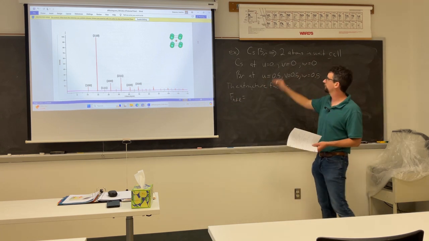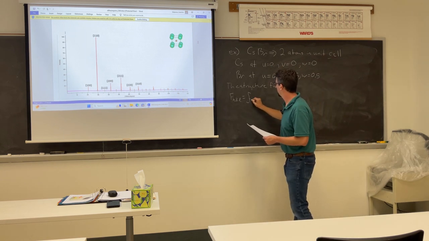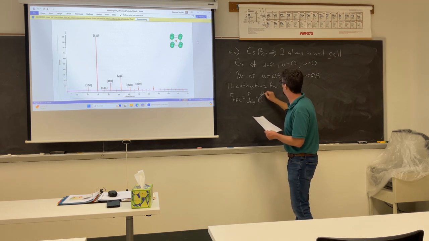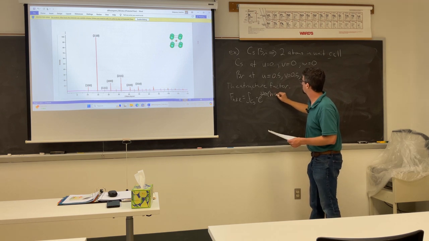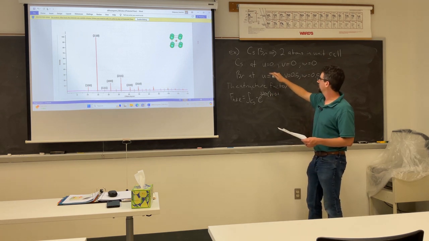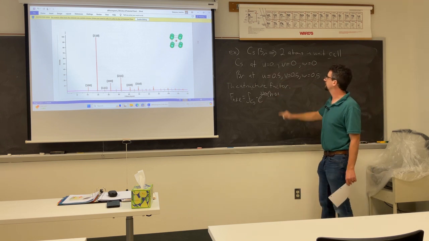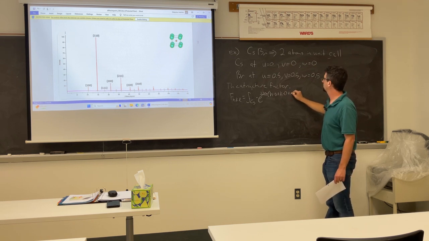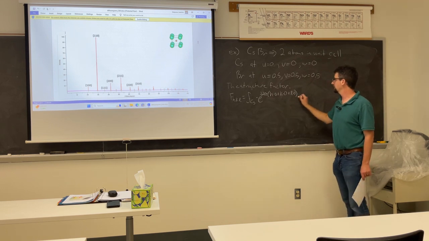So we have to have a term for cesium and a term for bromine times e to the i2 pi. And remember, we got h times u for whichever element we're considering. Cesium's at 0, 0, 0, so we get h times 0 plus k times 0 plus l times 0. So that's the portion for the cesium.